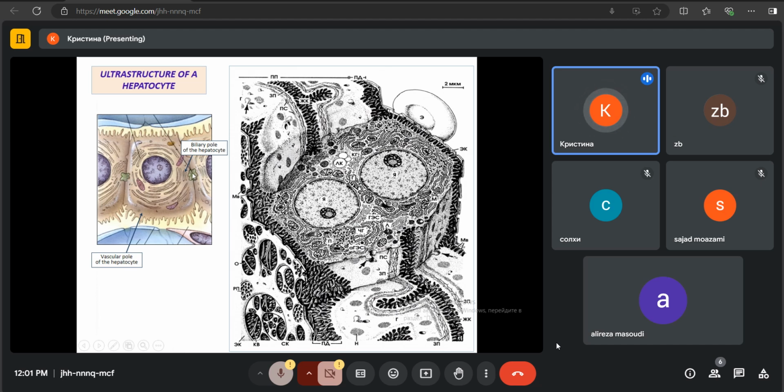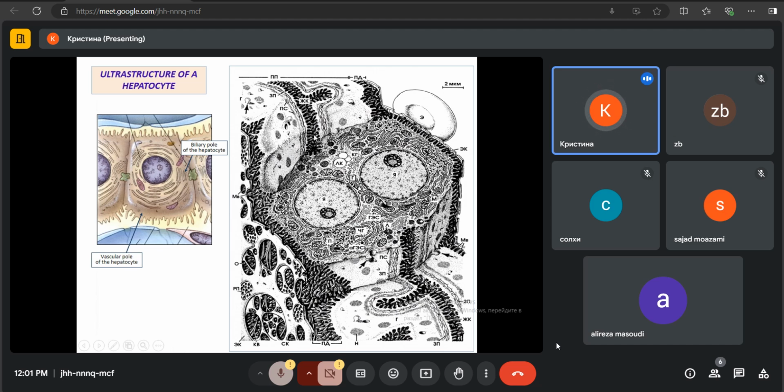Here they are located between adjacent hepatocytes, and their walls are made up of the cell membranes of the two adjacent hepatocytes. So the bile capillaries are just very tiny spaces between the two cells.